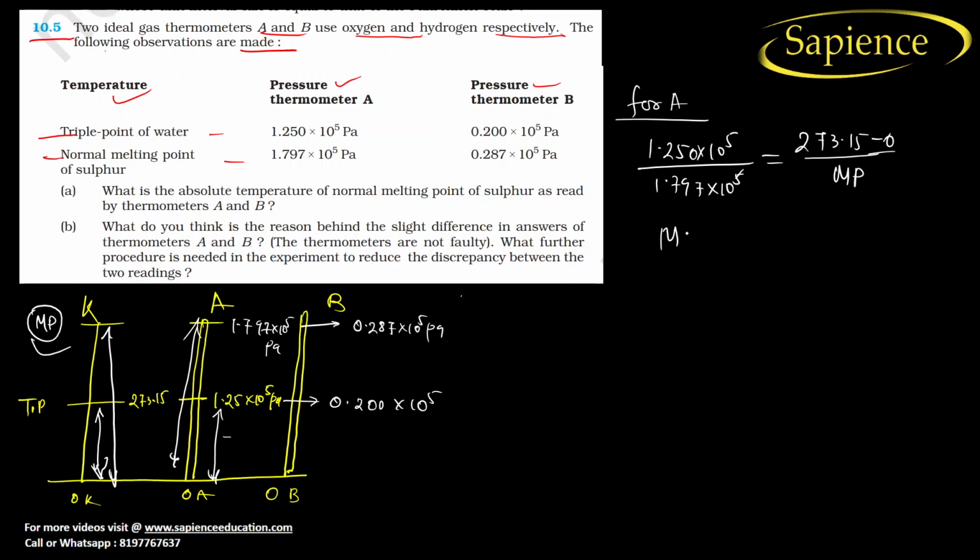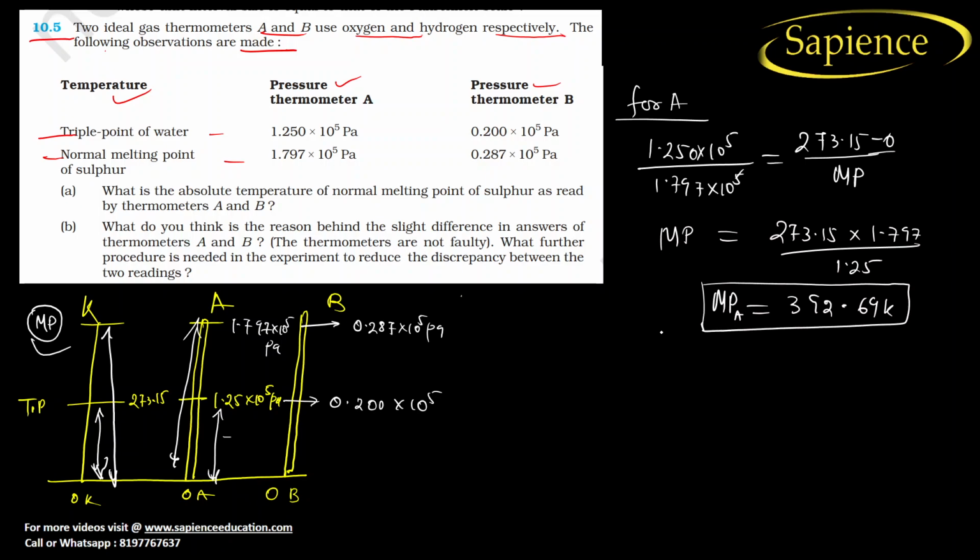So from here the melting point will be equal to 273.15 into 1.797 divided by 1.25. Finally, when we calculate it, we get approximately 392.69 Kelvin as the melting point when we compare with A.